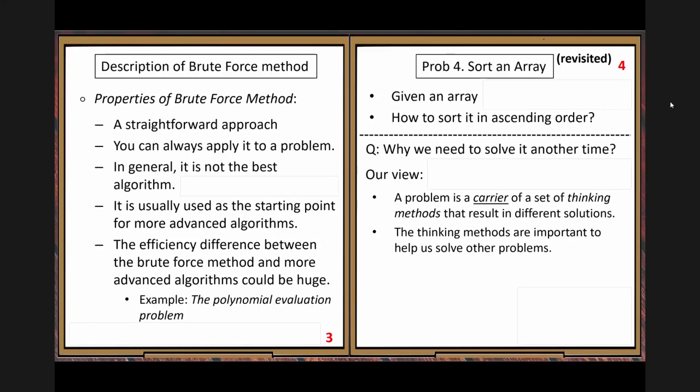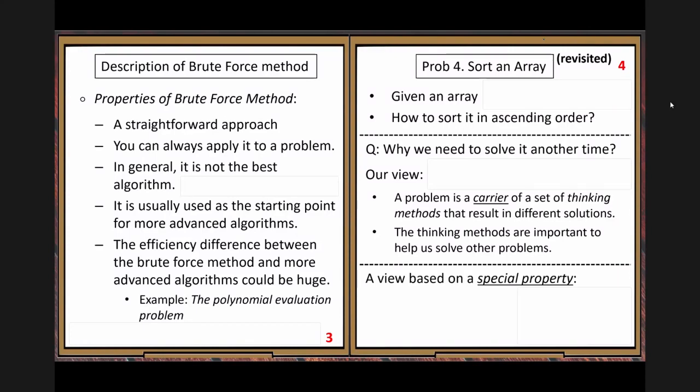We want to keep them as our problem-solving tools in our toolbox, so we can use this toolbox to solve many other new computing problems. That's our understanding.